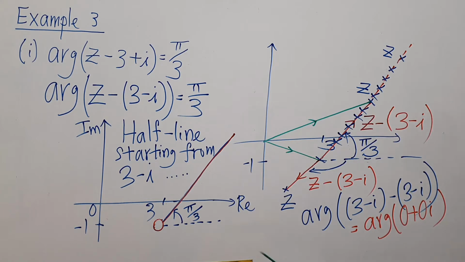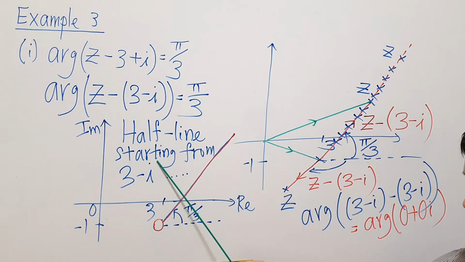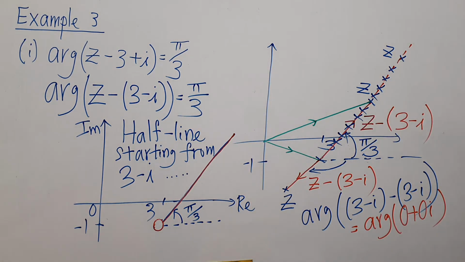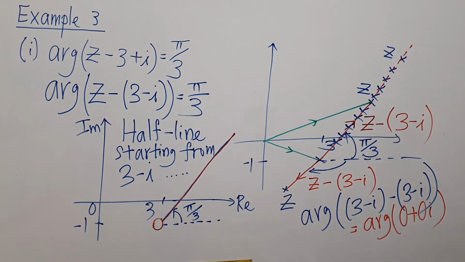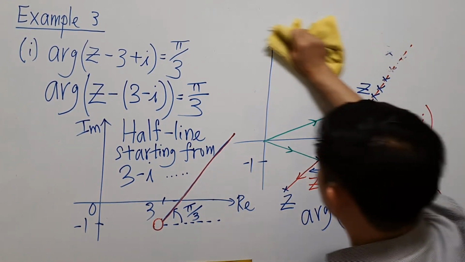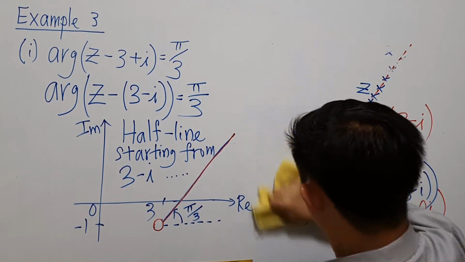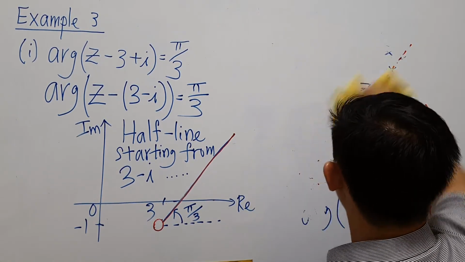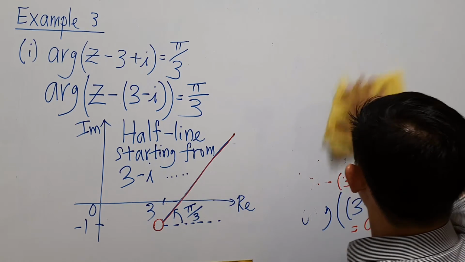So to describe this locus is a bit more effort, no? It is a half line starting from this point, and it makes an angle of so much with the positive real axis. So in general, how do you write down such an equation? In general, the equation of a half line will look like this.